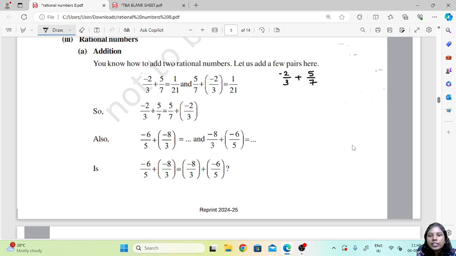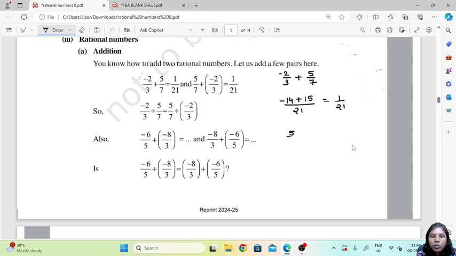Here we can take the LCM, or we can simply cross multiply. So we'll get 7 2s are minus 14 plus 15 upon 21. So in this case it will be 1 upon 21. Now let's look at this part.